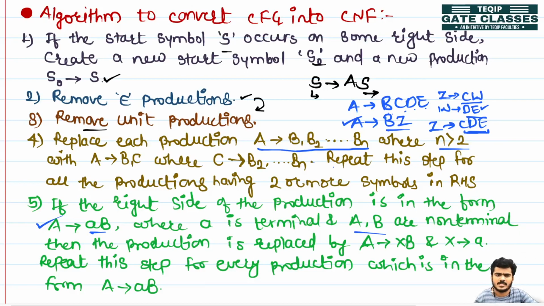CNF says that the right side either contains both non-terminals or a single terminal. Here there is one terminal and one non-terminal, so we have to replace this terminal with a non-terminal. I will write A produces X B, and X produces a. Both these are allowed in CNF. We have to repeat this step for every such production.